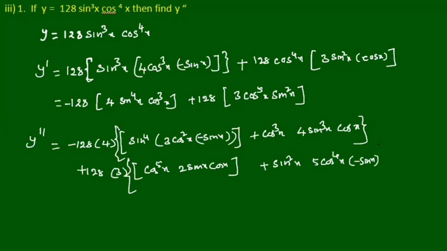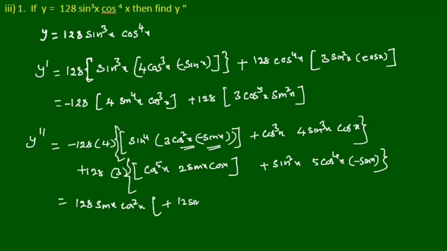Right, this is it. If we take minus 128 sin x cos square x common in each term, sin x I have taken common, cos square x. So this is 4 into 3 is 12, minus 12 sin power 4x, minus of minus, so plus 12 sin power 4x.